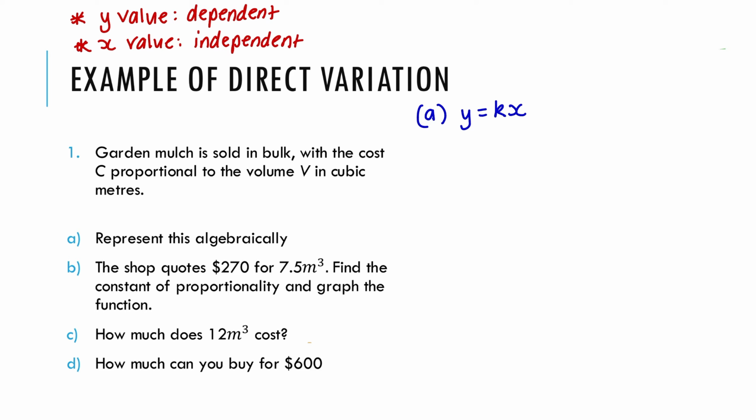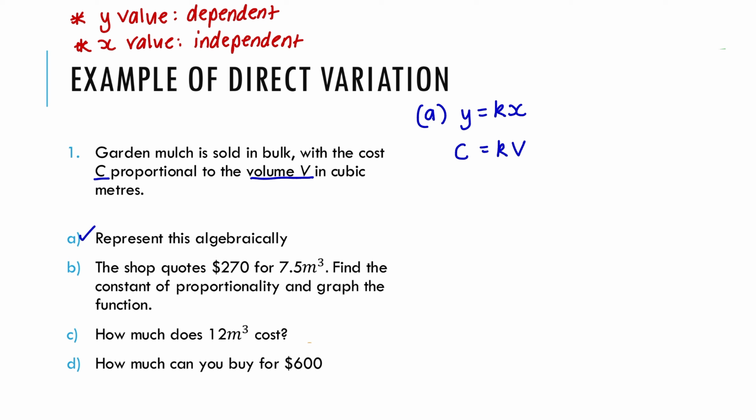So if we look at our equation here, notice that the cost is dependent on the amount of mulch that we need. So here, our dependent variable is C, and our independent variable is going to be V. So our formula becomes C is equal to kV. So that's our first part A done.